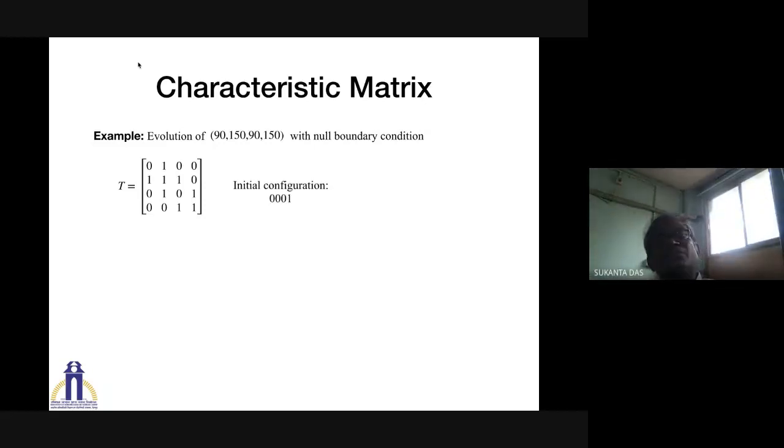However, if you take the initial configuration as 0 0 0 1, what will you have? It is T into 0 0 0 1. You can check it. If you multiply this capital T with this column vector 0 0 0 1, you'll get 0 0 1 1, right? Okay.